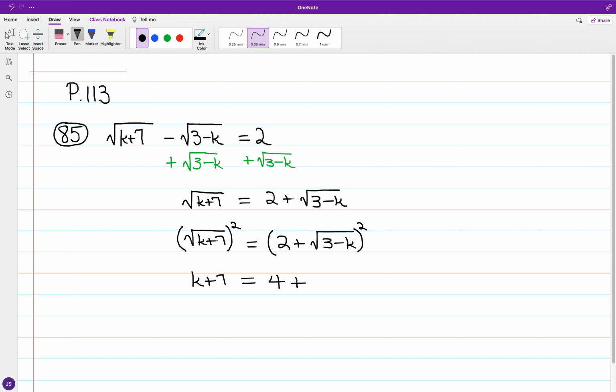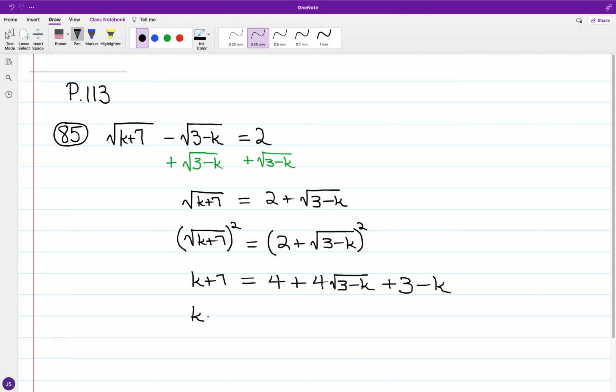The outside and inside terms would each be 2 times the square root of 3 minus k, and added together that gives 4 times the square root of 3 minus k. The last product would be the square root of 3 minus k squared, and that would be 3 minus k.